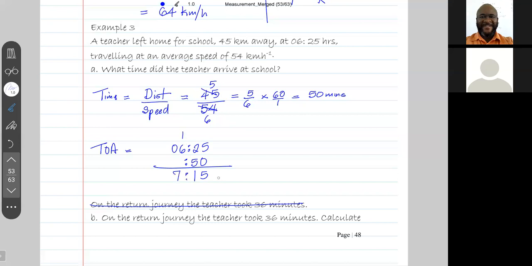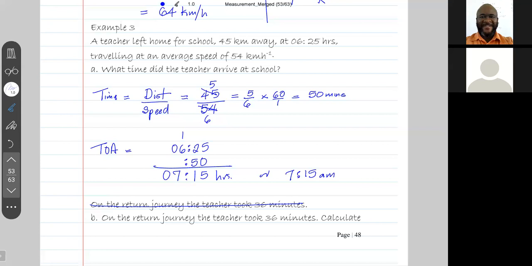The time of arrival is 07:15 hours or 7:15 a.m. The teacher arrived at school at 7:15 a.m.